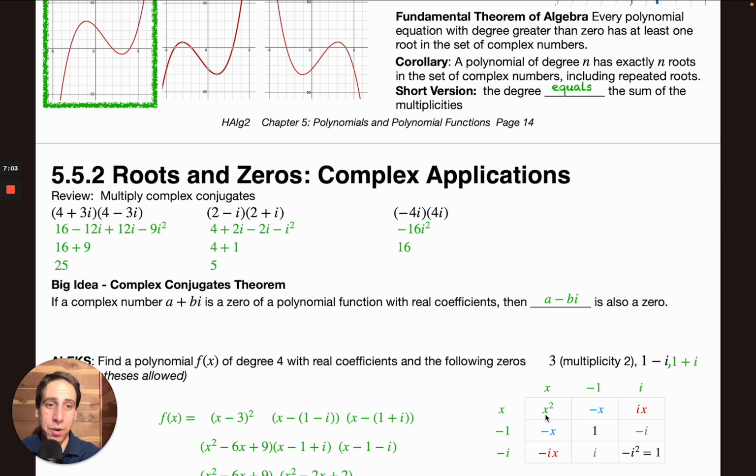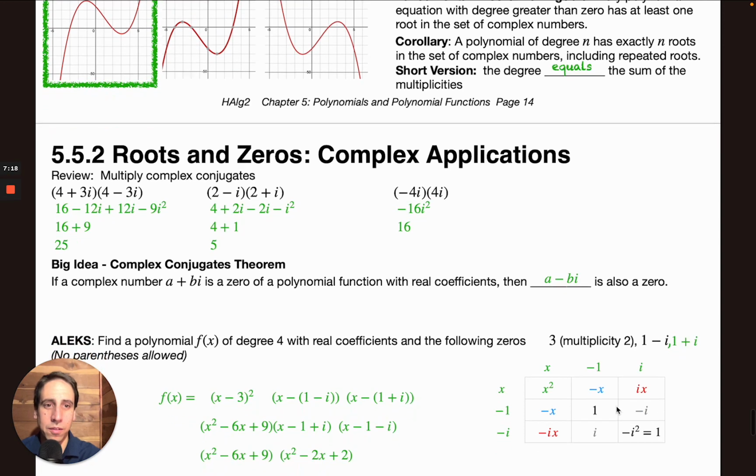If you've got x squared, fine. Negative x plus negative x is negative 2x. 1 plus 1 is 2, but all the others, the red terms cancel, the gray terms cancel, and we're just left with x squared minus 2x plus 2.